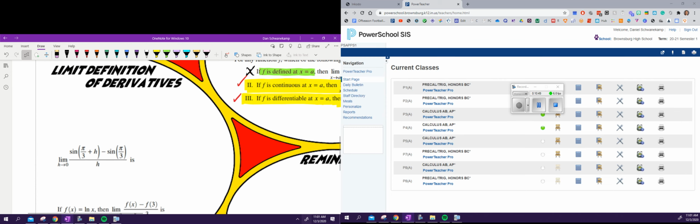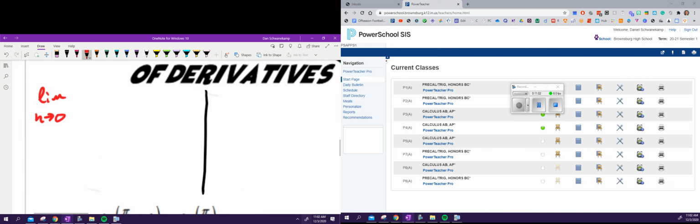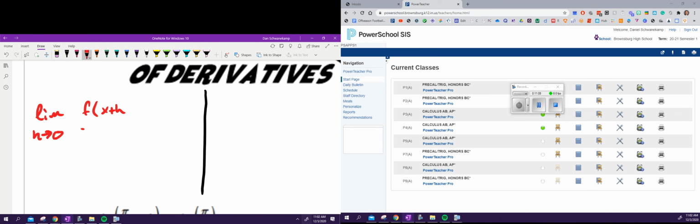Okay? Limit definition of derivatives. We did this a little bit. We really picked it up in a later chapter. But remember when I made you do this guy? So the limit definition is this guy. The limit as h approaches 0 of f of x plus h minus f of x all over h.